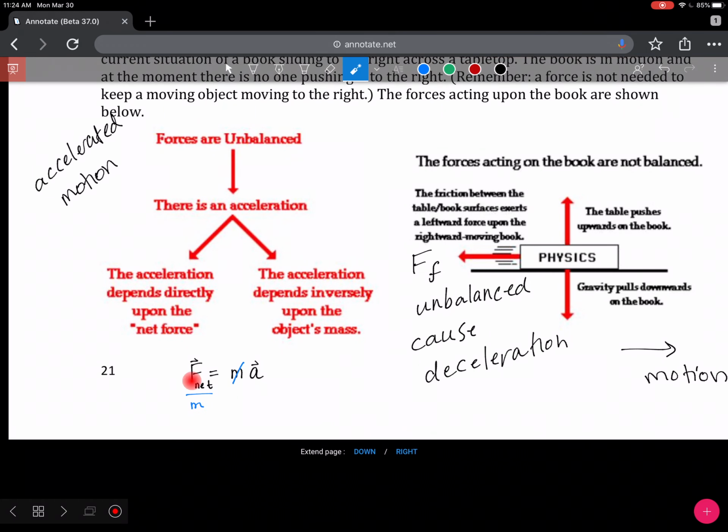So the acceleration of the object depends on the net force that's being applied. Now, in Science 10, we don't actually talk about net force, and it's not technically in the curriculum. However, in 6.1, there are some practice questions on it, and so just complete those at your own discretion.